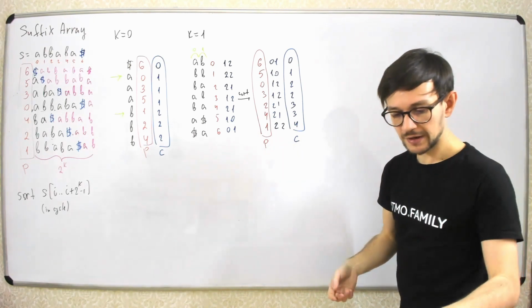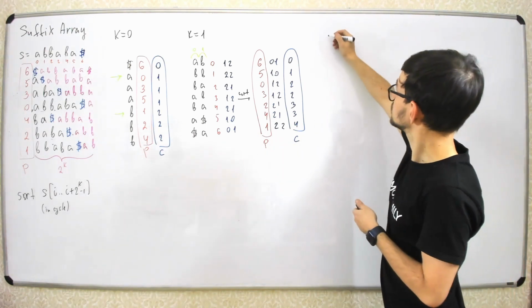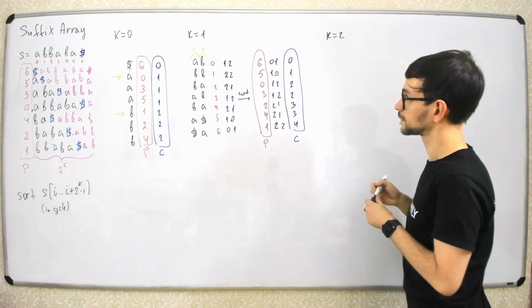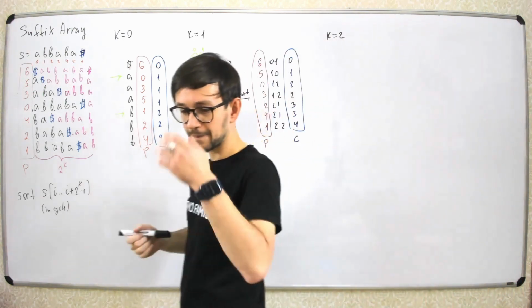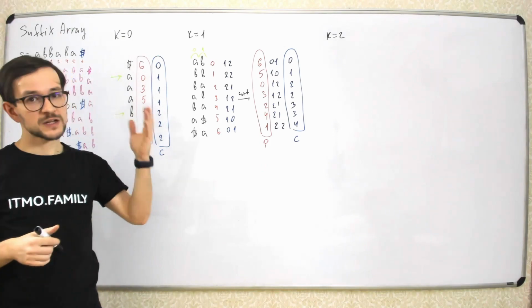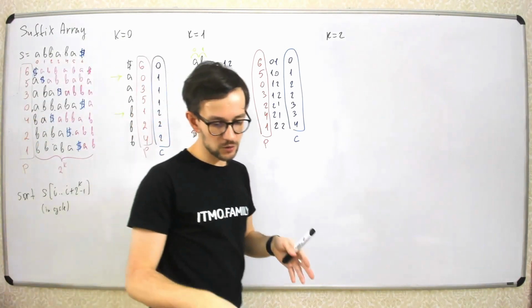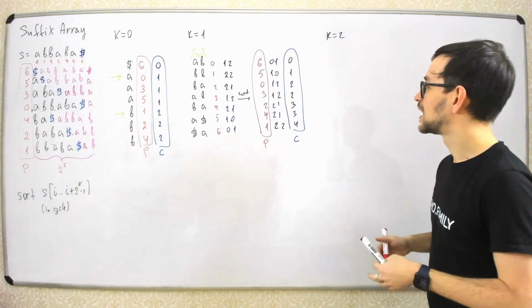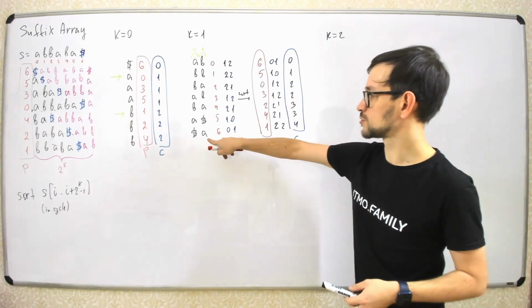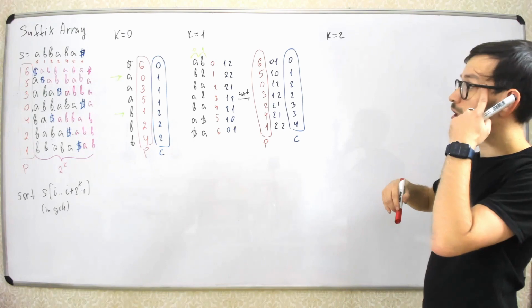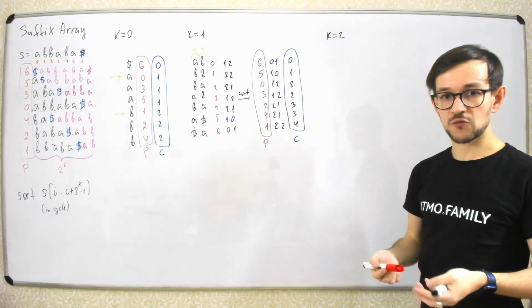Now let's move to the next phase. Again, in the next phase, let's try to do it without these strings. Let's just write down all this array of integers and not use this array of strings. Let's write down all the strings of length 4.